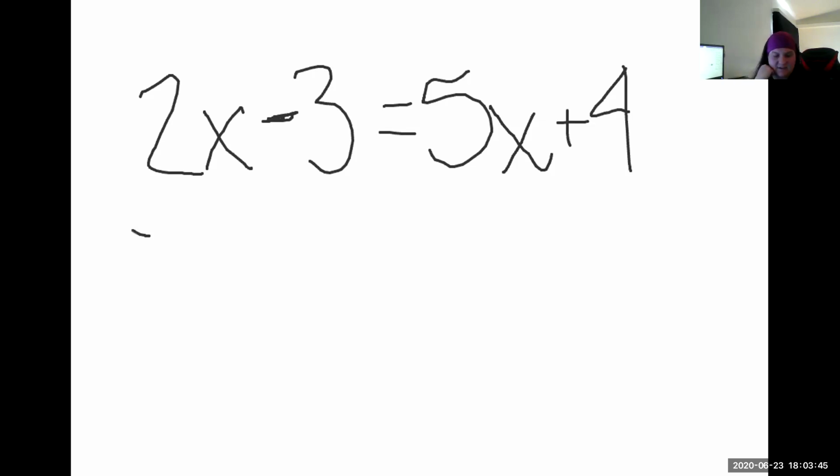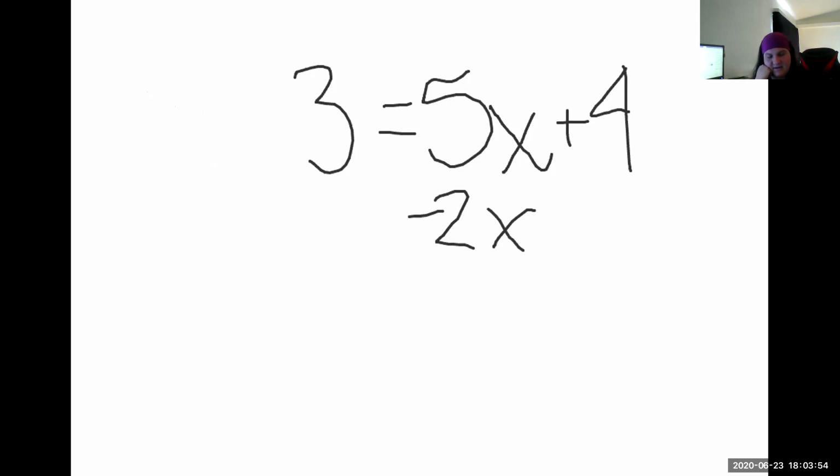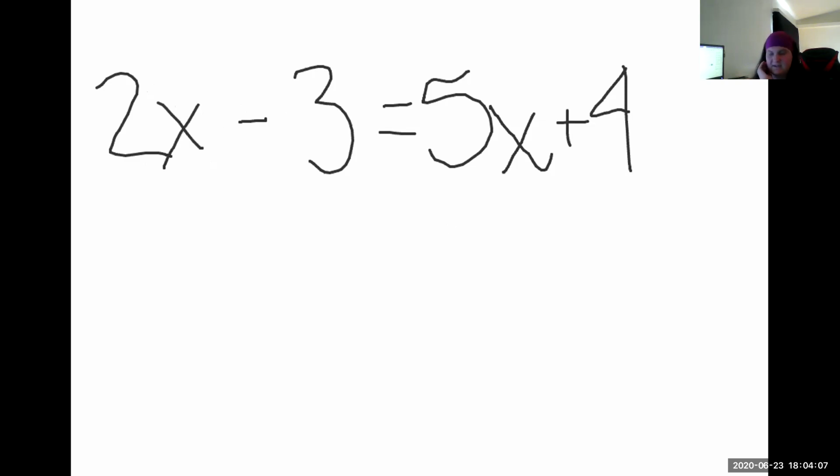We would subtract 2x from both sides because that removes the variable on this side so we can figure out the equation. And to emphasize even further, option D is add 5x to both sides. And again, that's also not correct. We would not add, if anything, we would subtract.